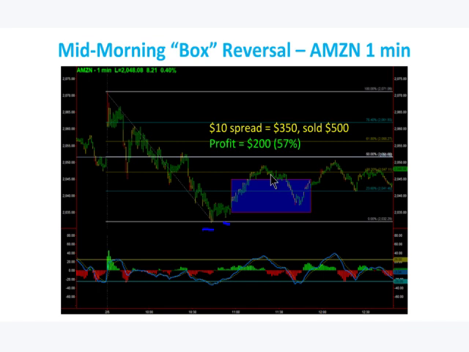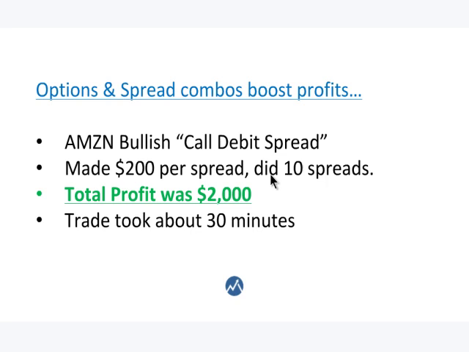That's fine. I did my math wrong. This is 550. I think that's what it was. Yeah, it was $5.50 because $5 is a little bit cheap for a $10 wide spread that's in the money. But bullish call debit spread, we go from 350 to 550, and we did 10 spreads.